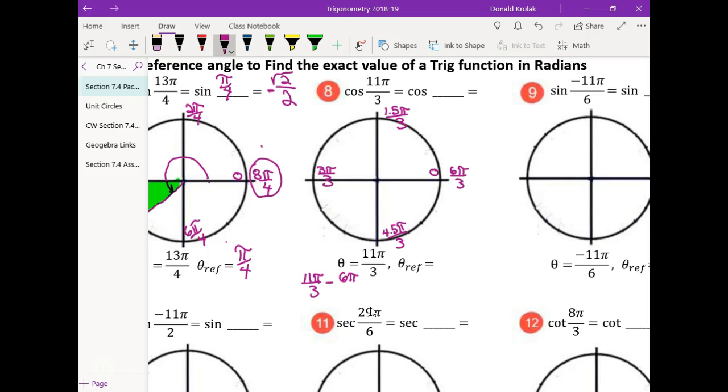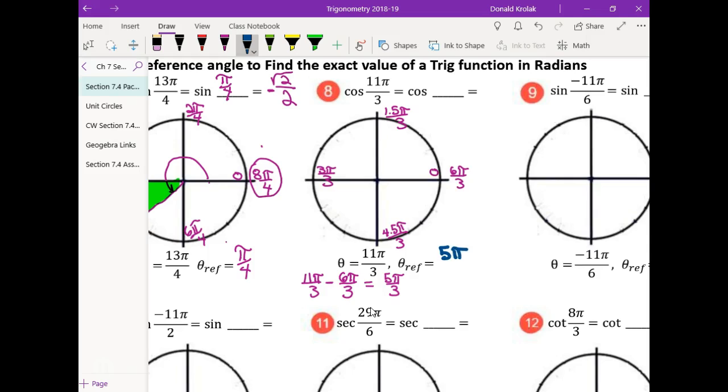We're unwrapping this angle, 11 pi over 3. So that gives me 5 pi over 3. So Reagan, what quadrant am I in at 5 pi over 3?